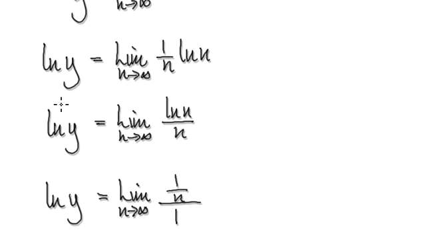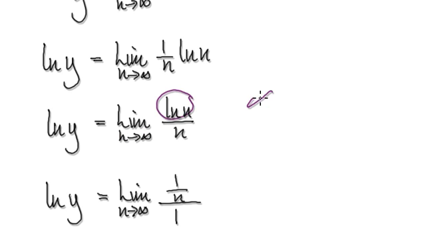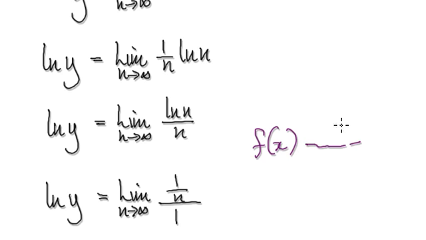By the way, when you get to this stage, as n heads towards infinity, this thing will head towards infinity, and this thing will head towards infinity. This is an indeterminate form, so you can apply L'Hopital's rule. By right, you should map a continuous function on top of this, so you should turn this into a continuous function.